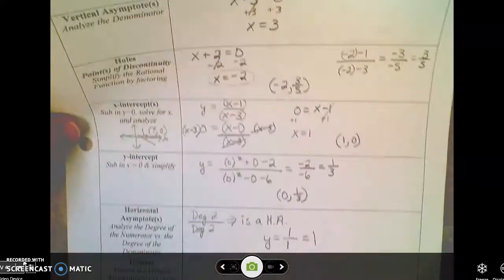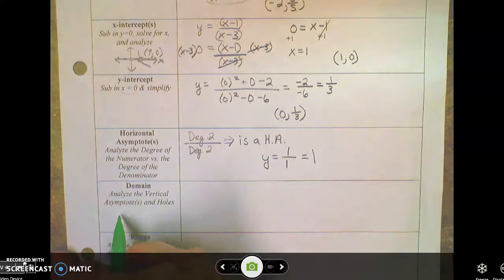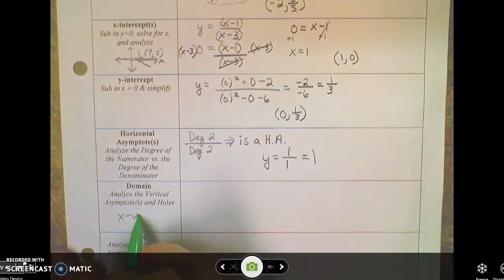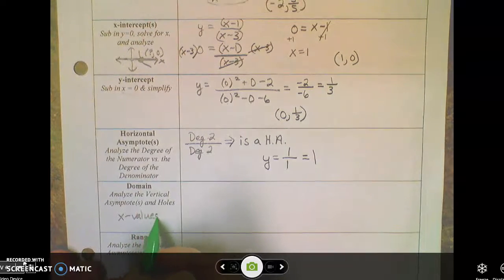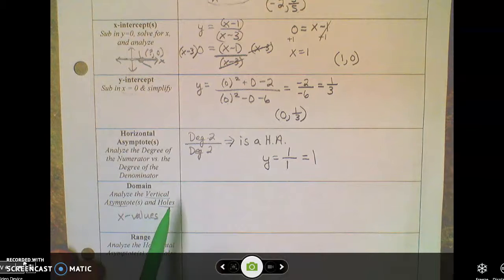And domain is really which x values are used in your rational function. So we need to look at the vertical asymptotes and the holes of our function because these things are the excluded values.